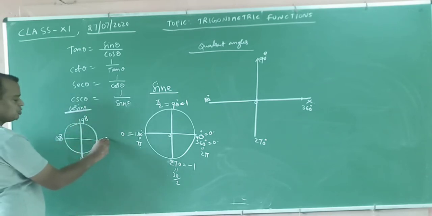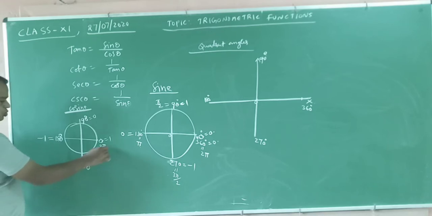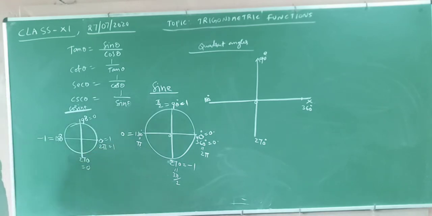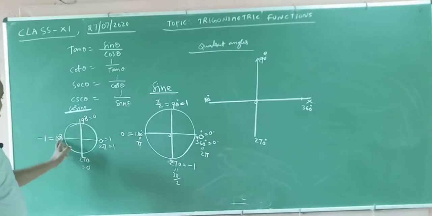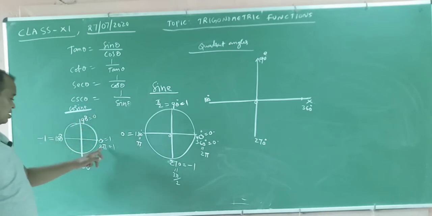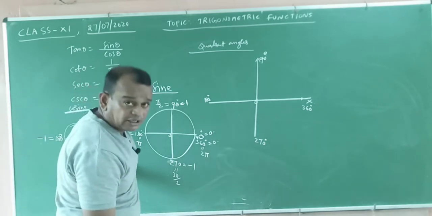Cos 0 is 1, cos 90 is 0. On the opposite side, the negative x axis, it is minus 1. So cos 0 is 1, cos 90 is 0, cos 180 is minus 1, cos 270 is 0, and cos 360 degrees is equal to 1.